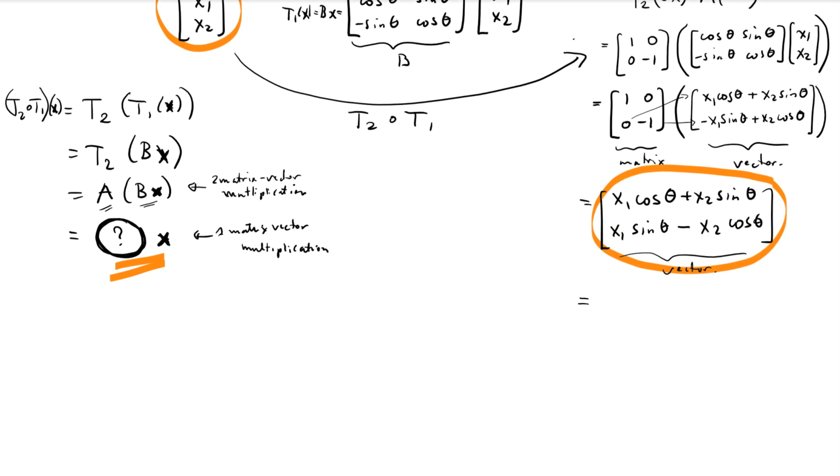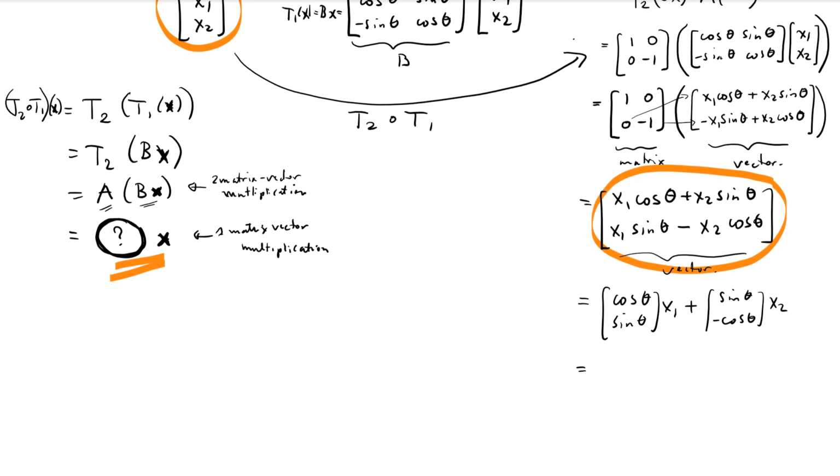So what I'm going to do is rewrite this so that this is a matrix times the vector x1, x2. Now remember, a matrix multiplication is a linear combination of the columns of the matrix I'm looking for, and you can see that here I can write this as cosine, sine times x1 plus sine theta, minus cosine times x2.